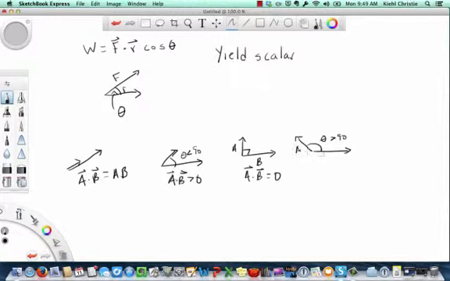Okay, and if that's A and that's B, in this case A dot B will be less than 0, again because of the cosine. And then if you have anti-parallel vectors, so if A and B have theta between them equal to 180 degrees, then A dot B is going to be equal to negative AB.